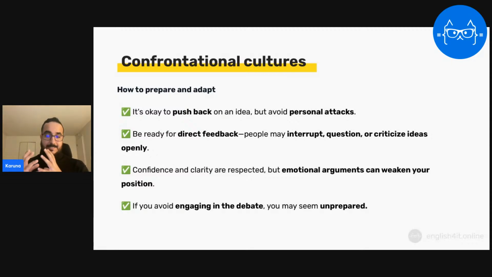You don't want to attach a lot of emotion to it. And if you avoid engaging, it seems like you're unprepared. Like if you just avoid debating this idea, not debating in an aggressive sense, but debating in an intellectual sense, well, you may seem unprepared, right?